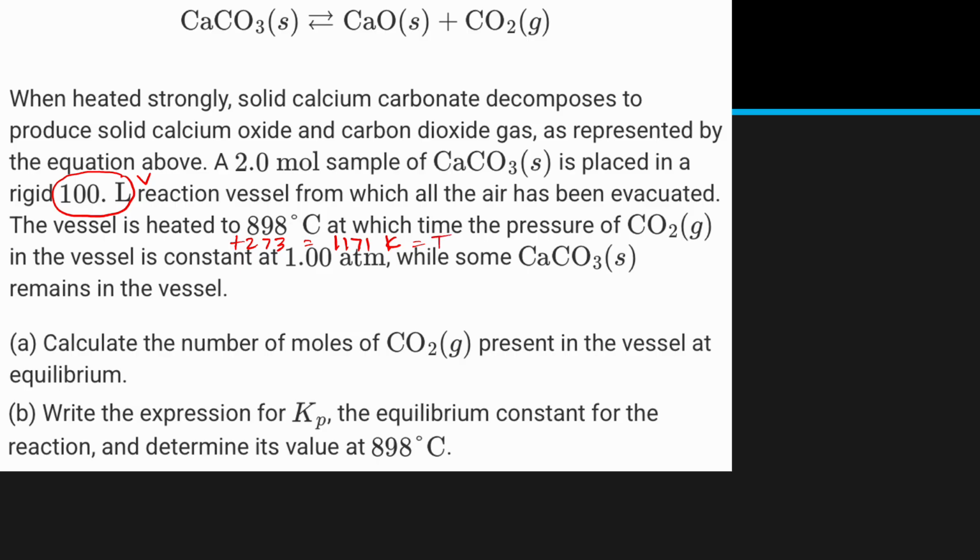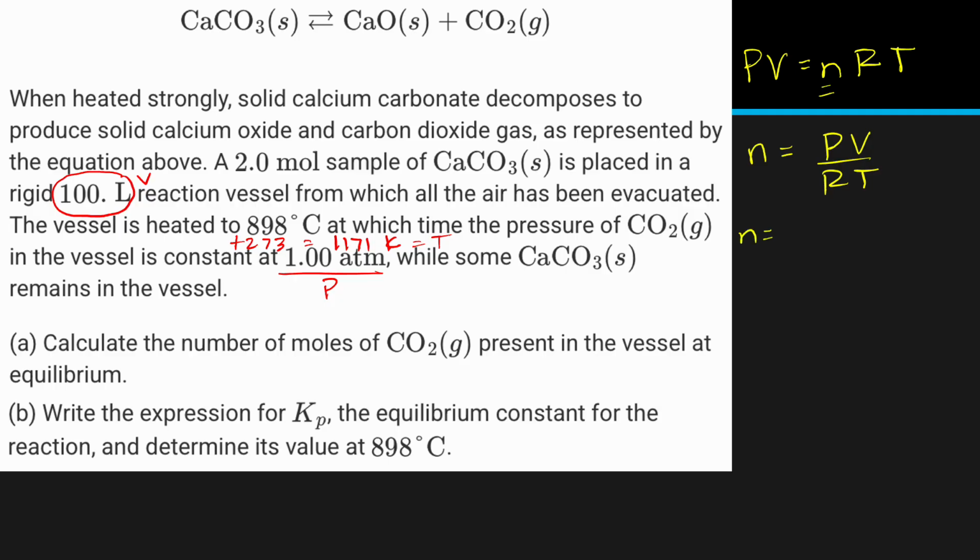And then finally, I can see that the pressure of CO2 is held at a constant 1 atm, so that is our pressure unit. So looking at these three, I know I can plug it into the ideal gas law in order to solve for n, or moles. So we know that PV equals nRT, and I am solving for n. So n is equal to PV over RT.